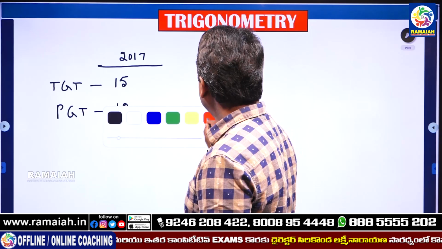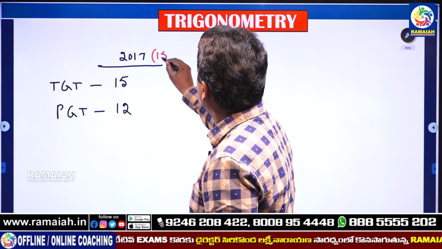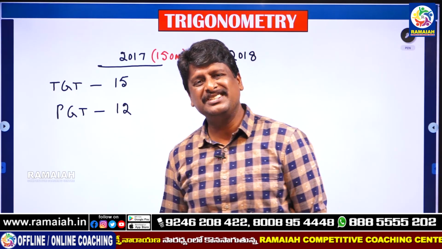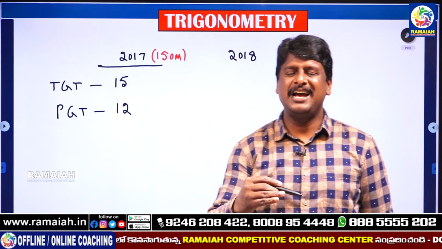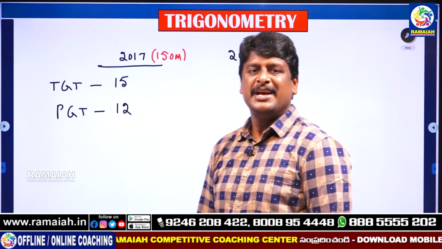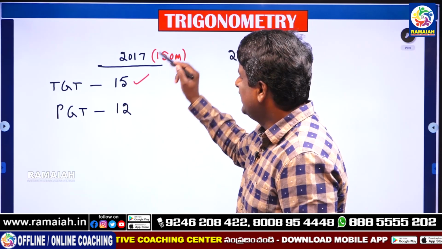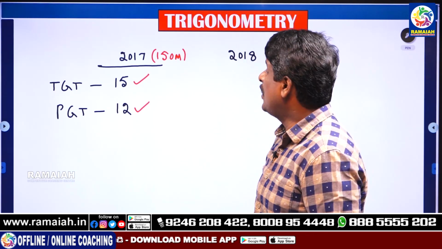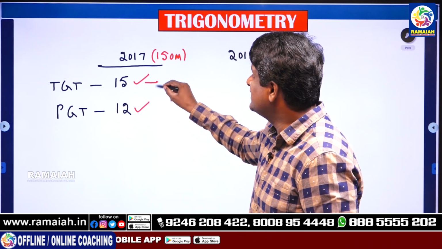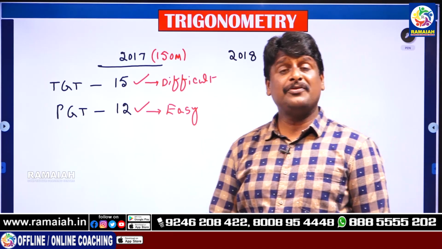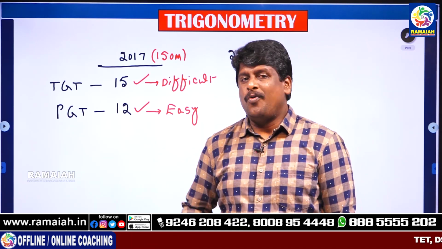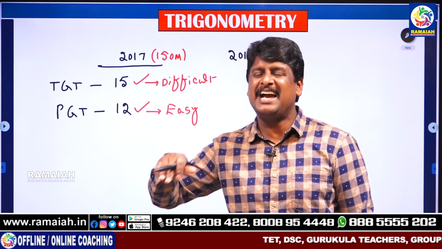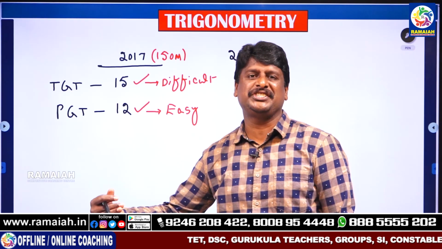In 2017, it is a 150 marks paper. 150 questions, 150 marks, as you know already. But TGT 15, PGT 12. And one more important thing, it's a wonder. While comparing TGT and PGT, the PGT post is higher than TGT.